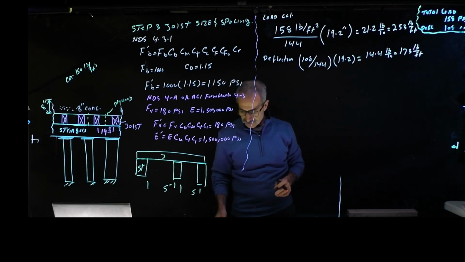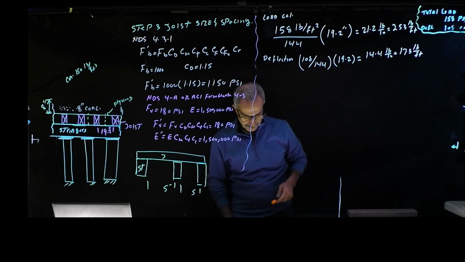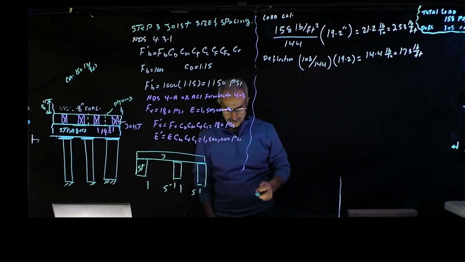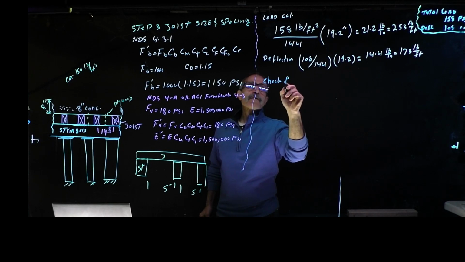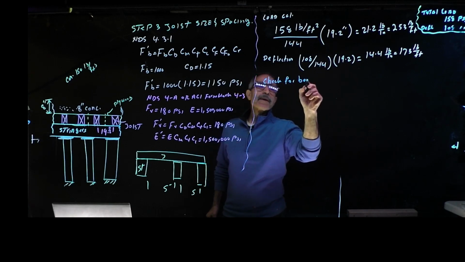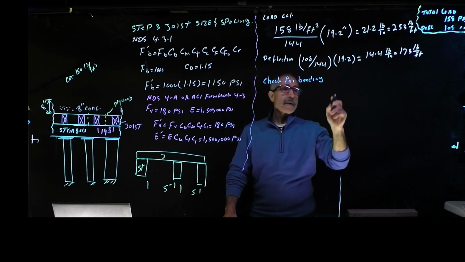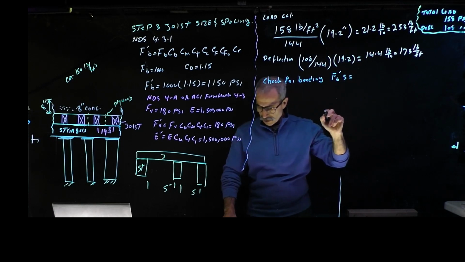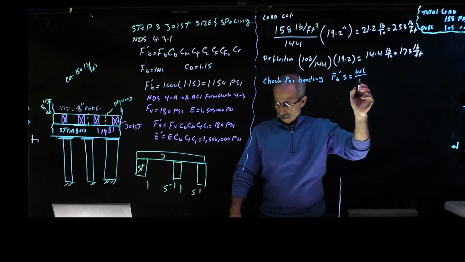check for bending. So let's say, okay, check for bending. The equation we have is F prime b times section modulus, which comes out to be, for a 3-span, WL divided by 10.